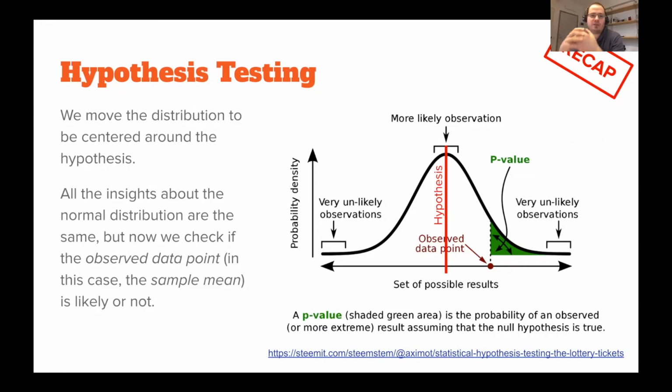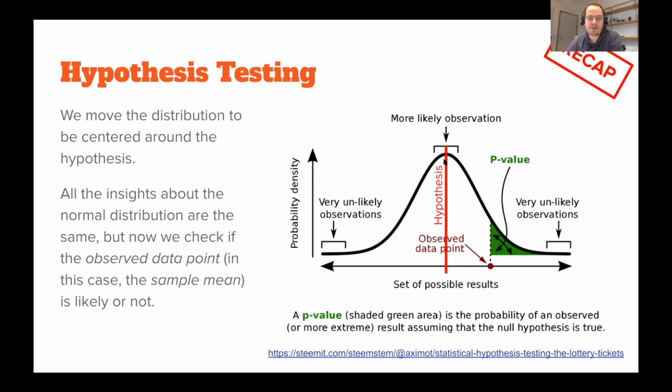So if I take the sample mean that I have in my hands, how likely would it be that this would happen if I assumed that the null hypothesis was true? And that's basically what we're doing here. For example, I'm building the same sampling distribution that I did in the confidence interval, but now it is centered around my hypothesis and not my sample mean anymore.